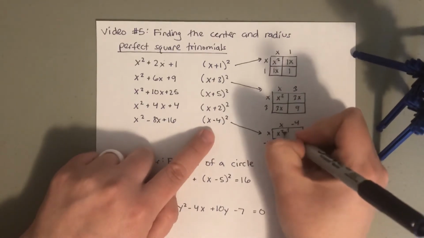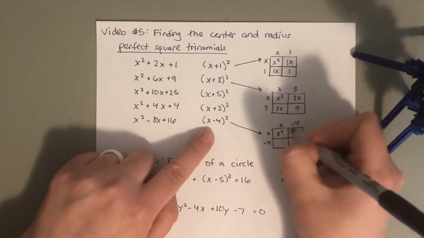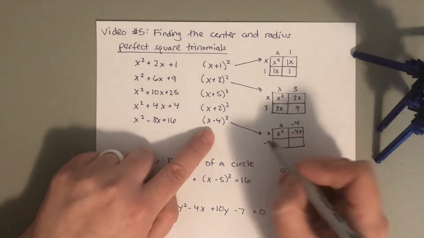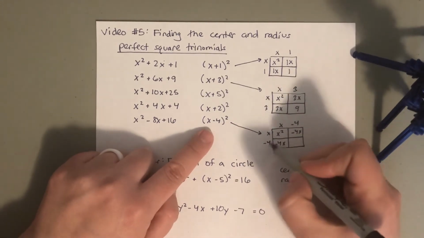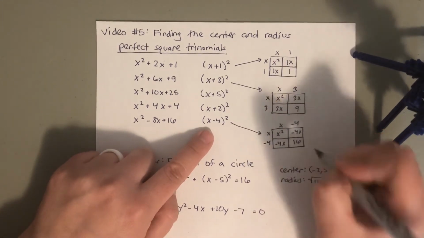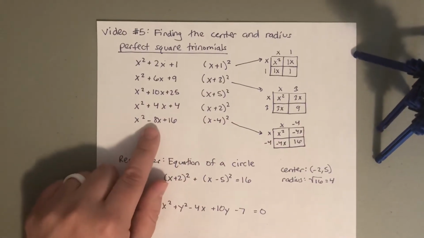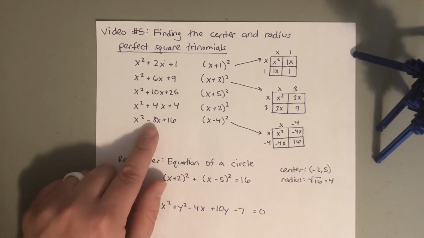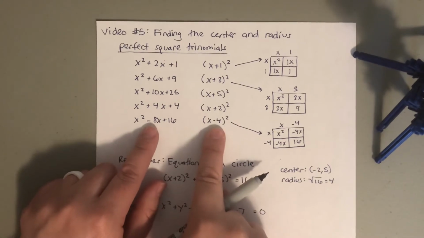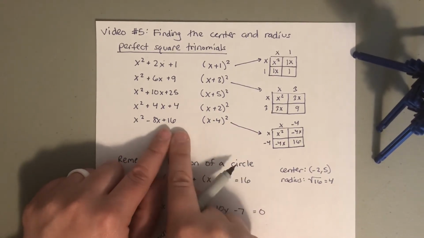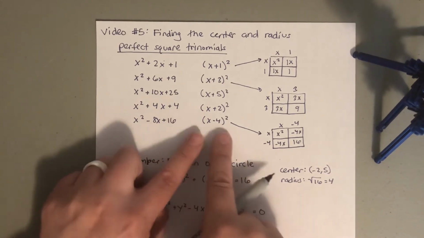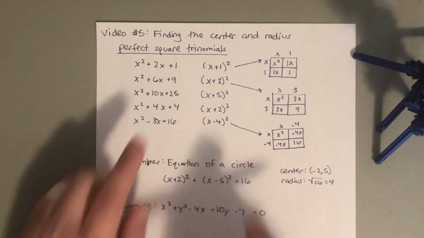So you get x squared. Negative 4 times x is negative 4x. Negative 4 times x here is negative 4x. And negative 4 times negative 4 is a positive 16. So because half of negative 8 is negative 4, which will be right there, and negative 4 squared is 16, the pattern fits here, and so that means we can write this as a perfect square.